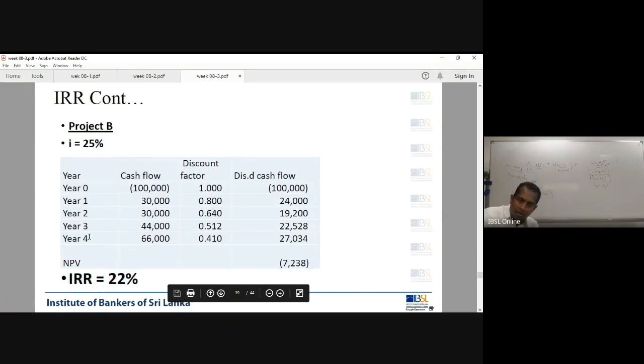So as homework, please do this too, and don't look at the handout, the next page. So you just do the calculations and see how IRR is coming. Then we will discuss further next week.